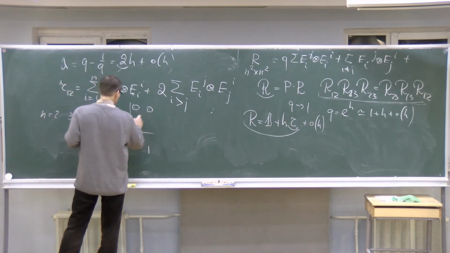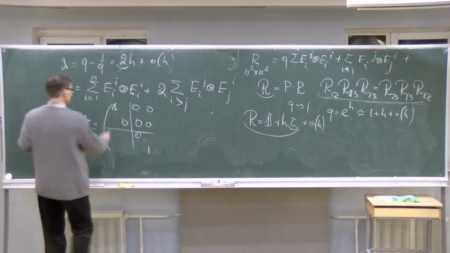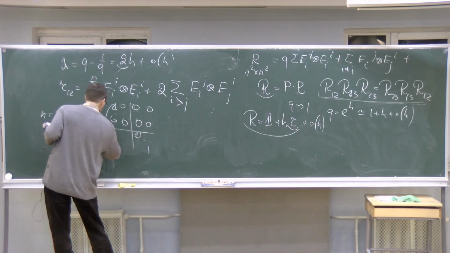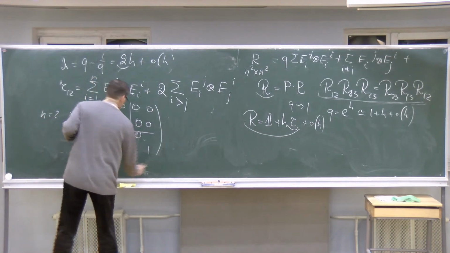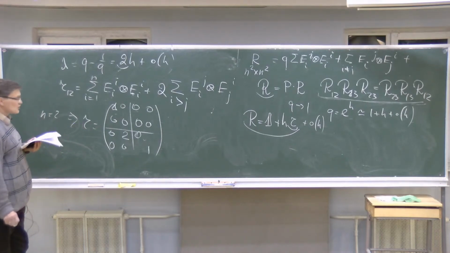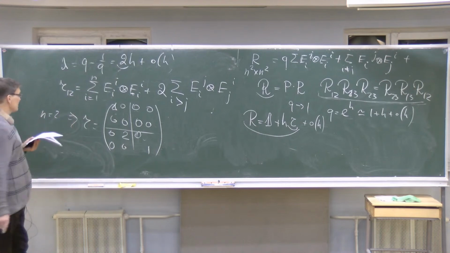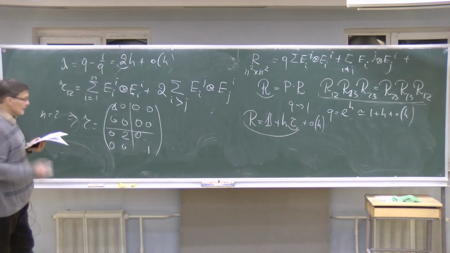Here I have total zero elements, and the only non-zero term is a very, very degenerated matrix. This is an example of such kind.